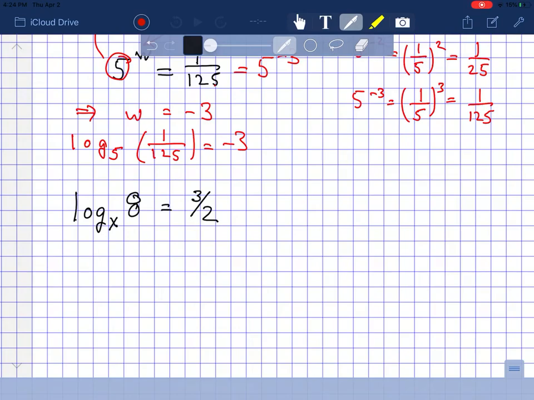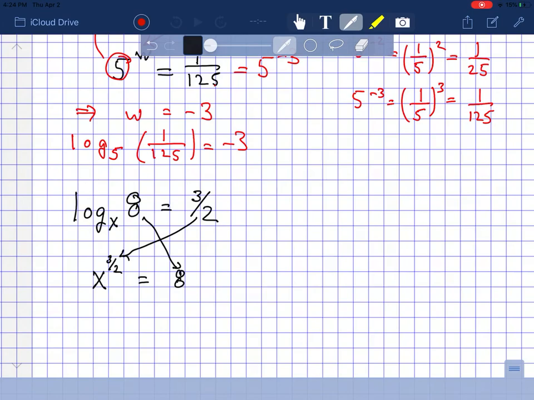We're going to transform this equation to an equation involving the exponential function base x. So we have x, and what goes in the exponent spot on x? It's 3 halves, and this is equal to 8.